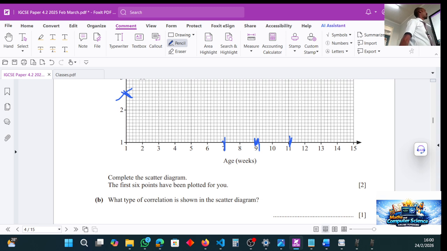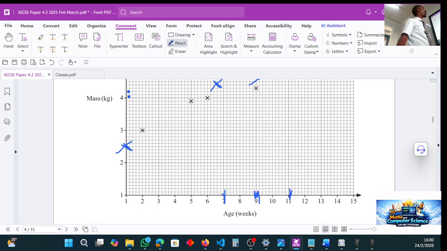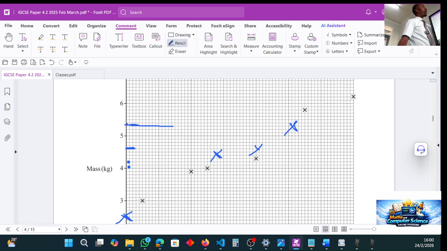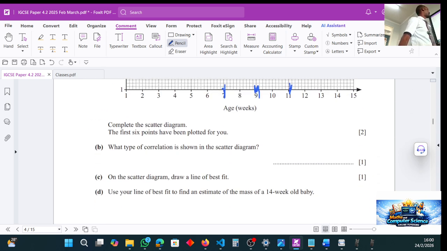That line we call the line of best fit. When we look at the way those points are crowded, they are following a slightly straight line going to the right, which gives us a positive correlation. So this type of correlation we call positive.